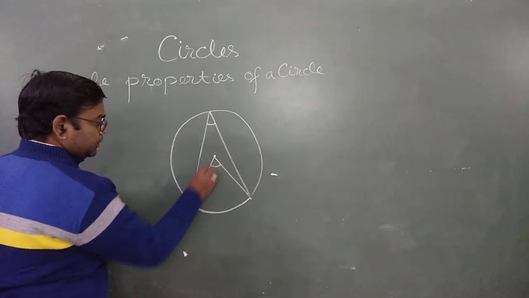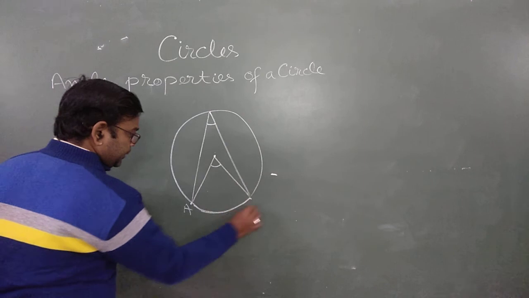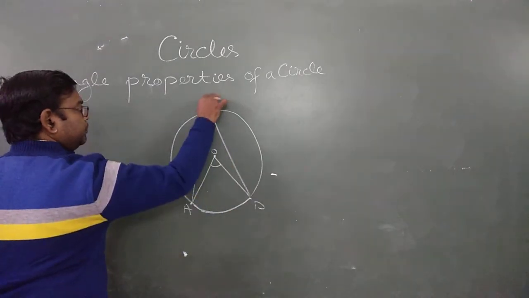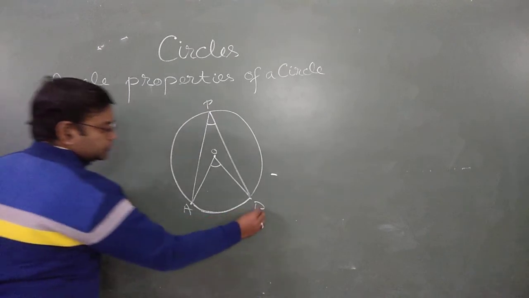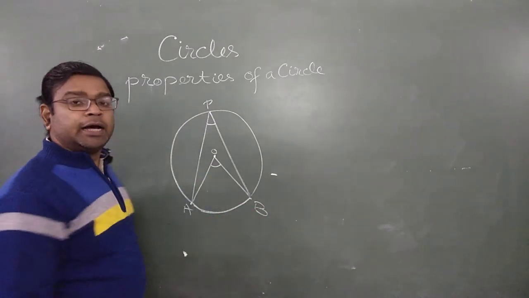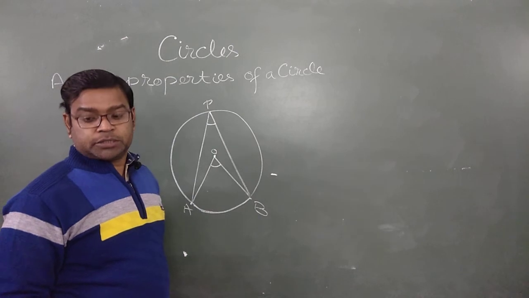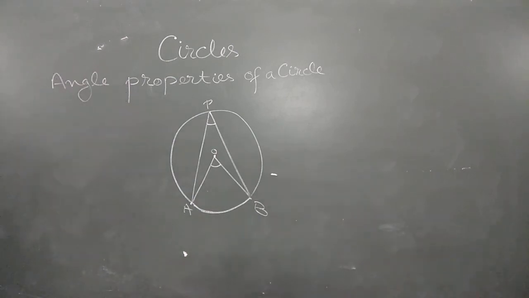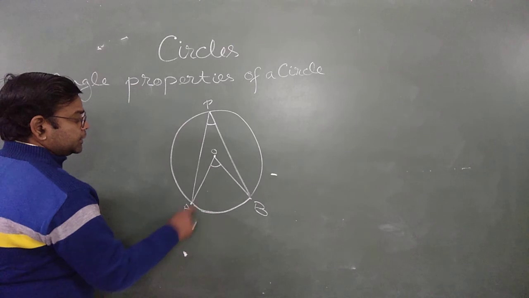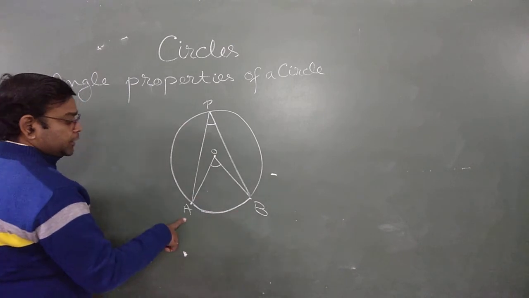If you name these points A and B, this is your center O, and this is your point P. So angle AOB is an angle at the center of the circle, by an arc, or angle at center with the help of arc AB.